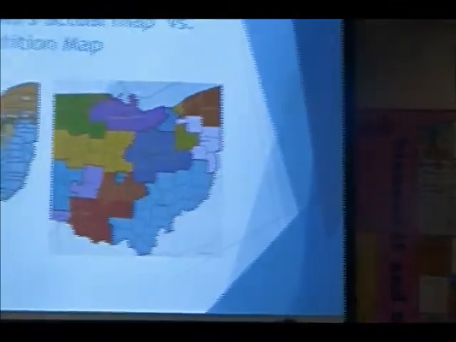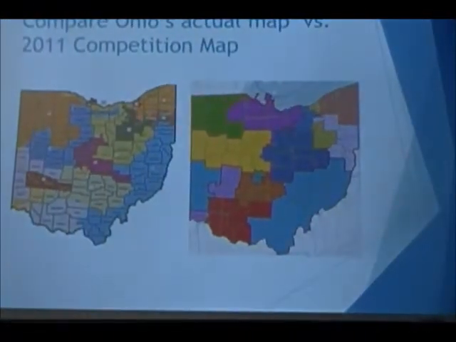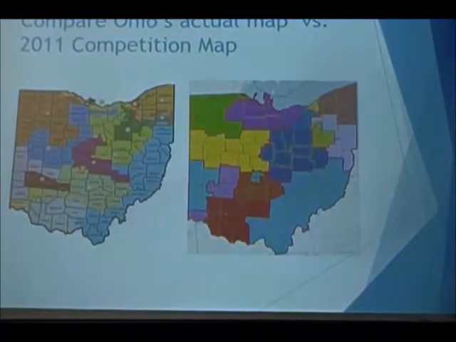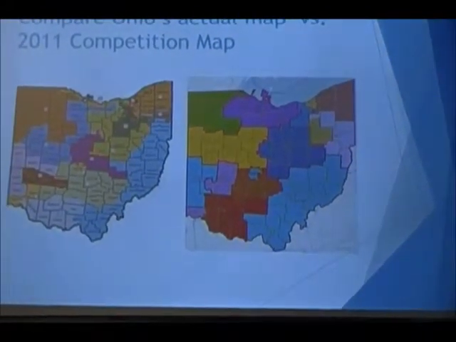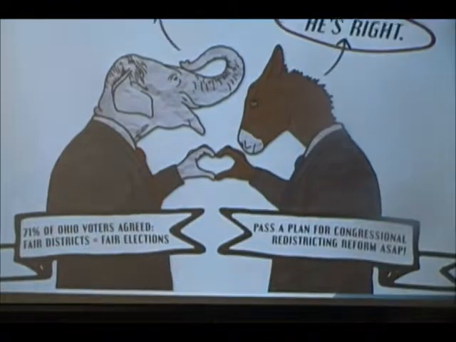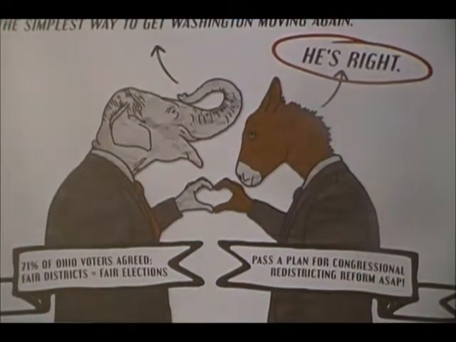You'll notice there's still some weird squiggles and wiggles, but it pretty much keeps communities together. And when we think about what that means, knowing who represents us, getting that person's attention, that is what true representation means. So redistricting reform is all about making sure that we have better representation in DC.